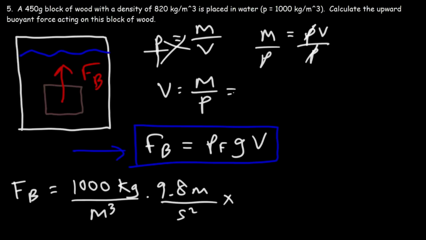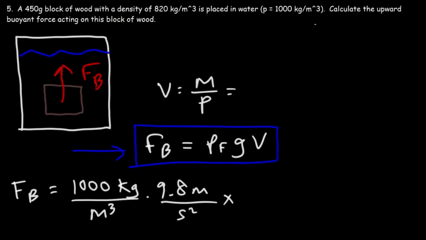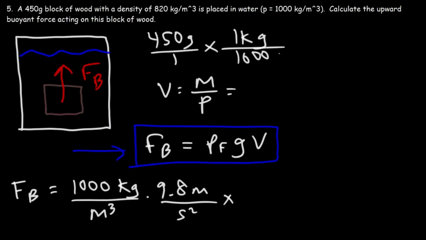So the mass of the block of wood, that's in grams, so we need to convert that to kilograms. We have 450 grams of wood, and you need to know that 1 kilogram is equal to 1,000 grams. So whenever you convert, set it up in such a way that the unit that you don't want gets canceled.